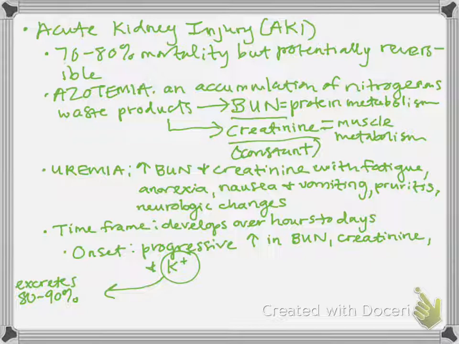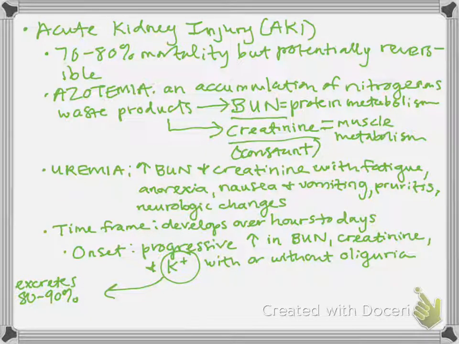Not only do we have a progressive increase in BUN, creatinine, and potassium, but we may or may not have oliguria. In acute kidney injury, the first phase of the disease is usually characterized by oliguria, but in 50% of cases that oliguria is not present, so it is a little harder to identify and diagnose as a result.